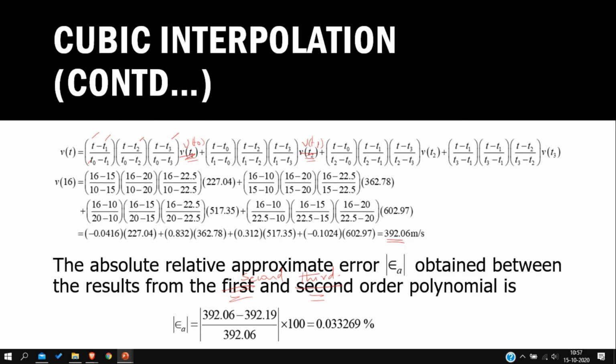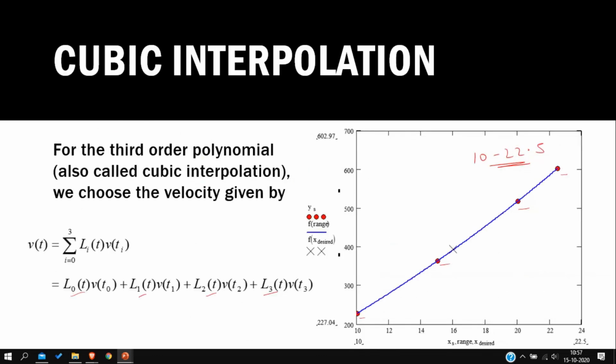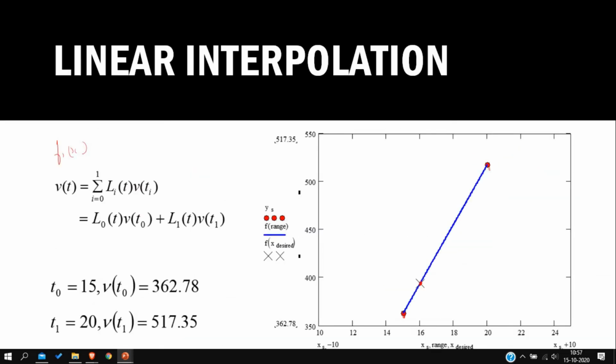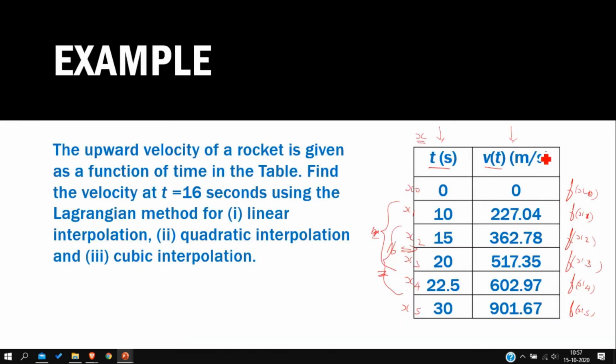Likewise we can go up, we can go for the fourth order polynomial. In that case the difference will again be a very small fraction, or we can go to the fifth order polynomial. That will be very much closer to the actual value. More than that it is not possible with this data, because we have only 6 points, so we can go up to the fifth order polynomial.